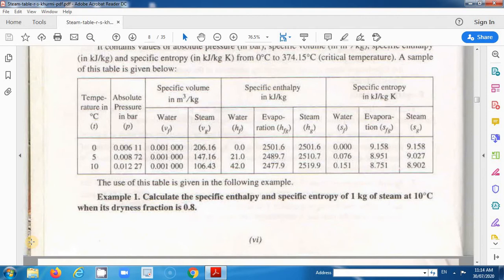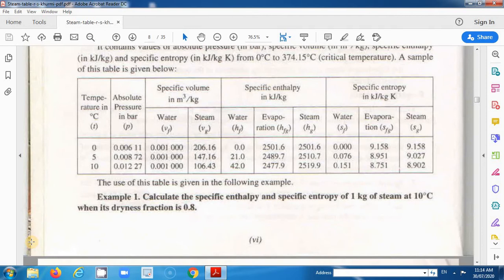Calculate the specific enthalpy and specific entropy of 1 kg of steam at 10 degrees centigrade when its dryness fraction is 0.8. So what information is given in this example? In the steam table, all the properties incorporated are given per kg values.